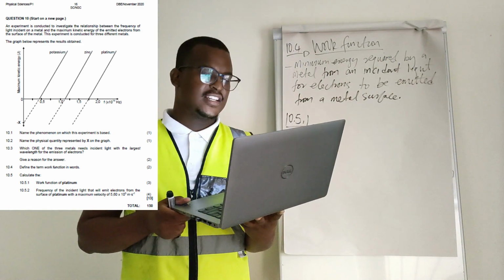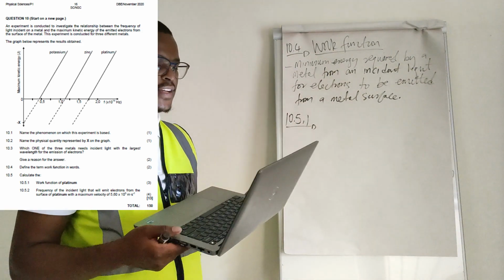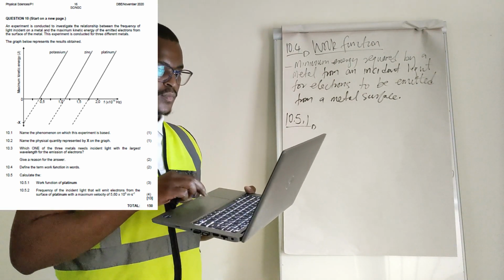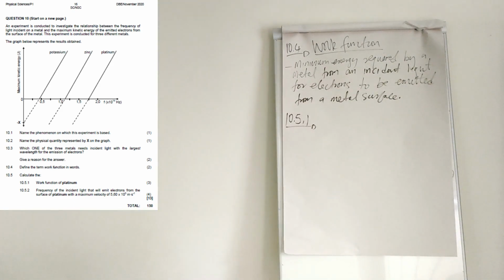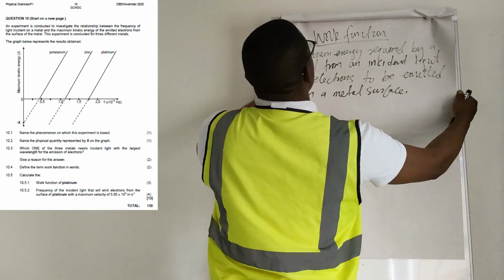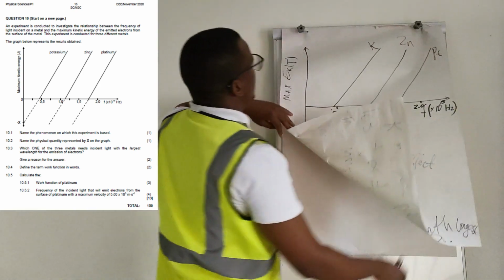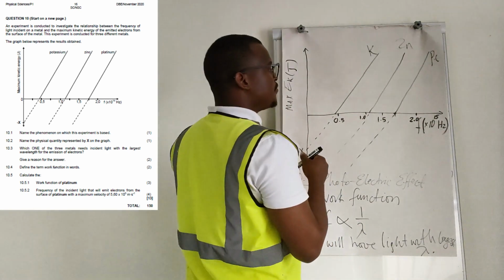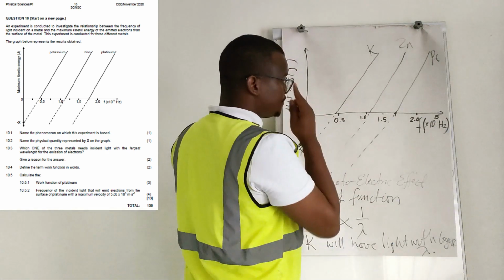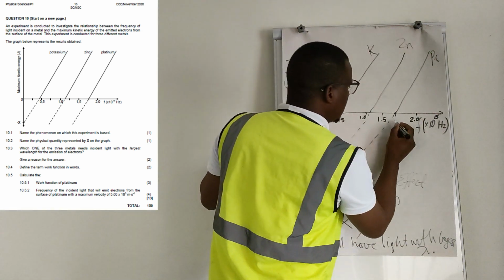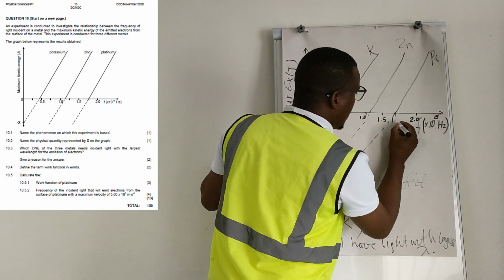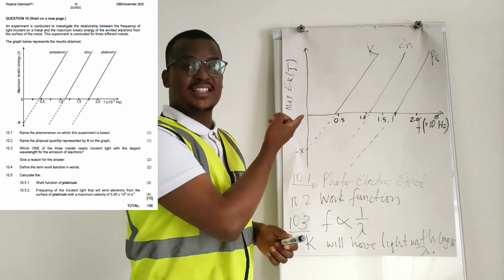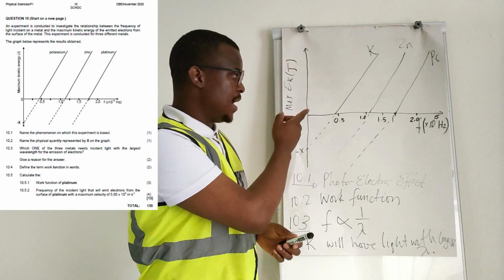Calculate the work function of platinum. So they want us to calculate the work function of platinum. So with our platinum, go back. Here's platinum here, and its frequency is... Okay, I will not be able to see this exactly from this diagram.